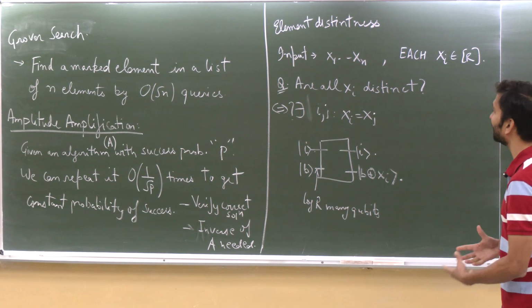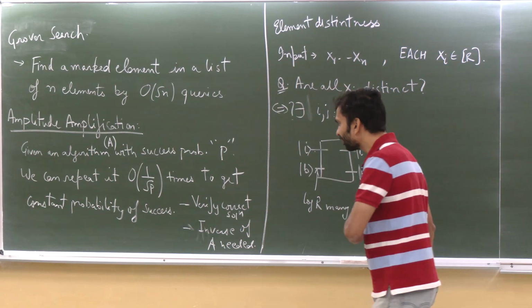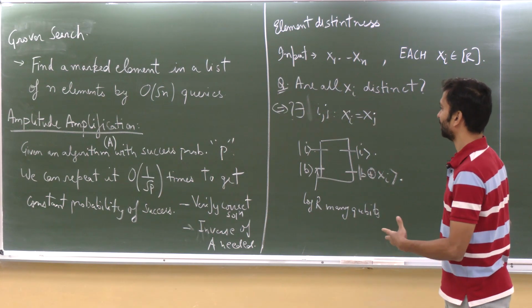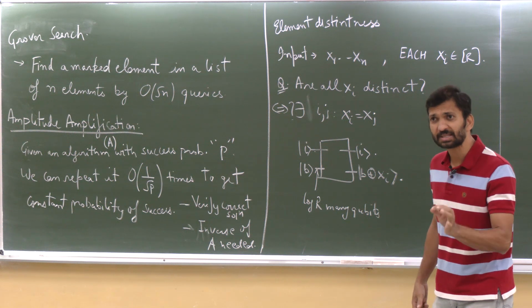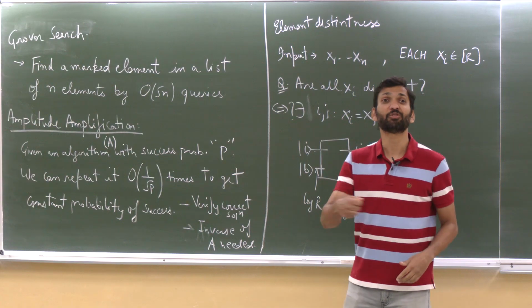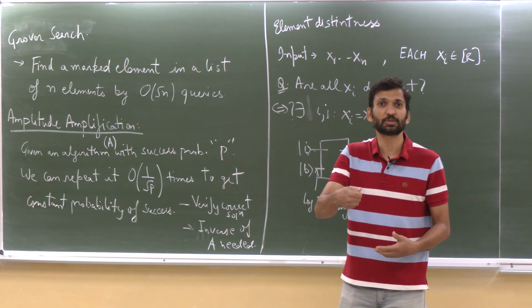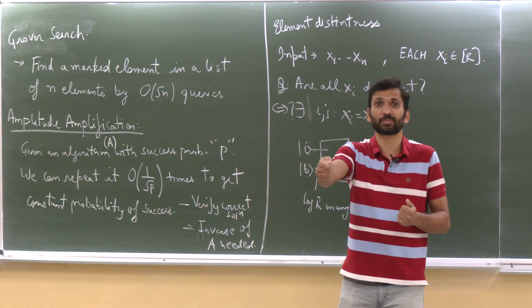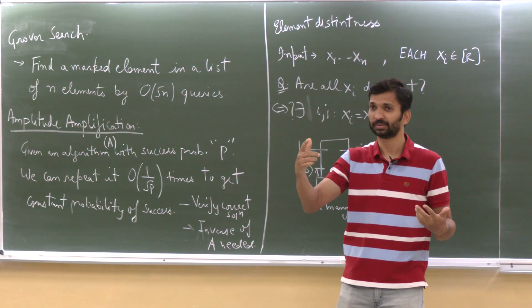So any time we have an algorithm with success probability p, we can very quickly get the probability of success to be constant. The things required are, one, you should be able to verify a correct solution. After each iteration your success probability is p, it will give you a solution, and you should be able to say, am I done or do I need to repeat it?